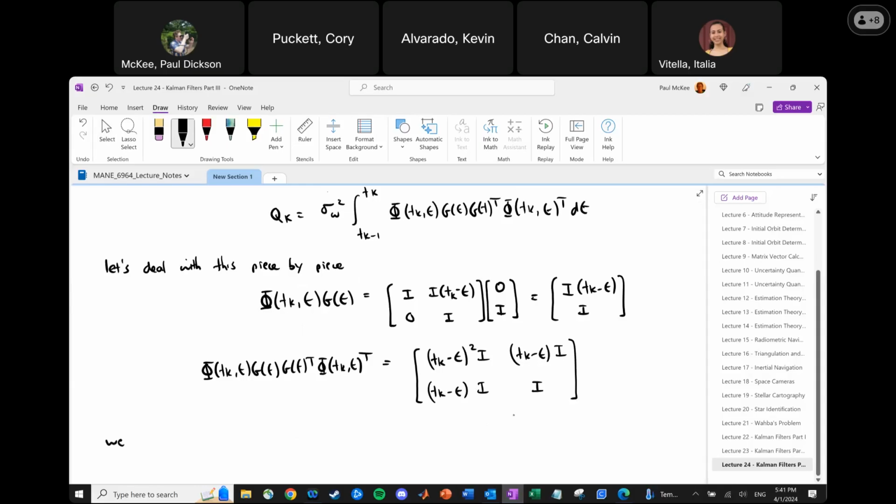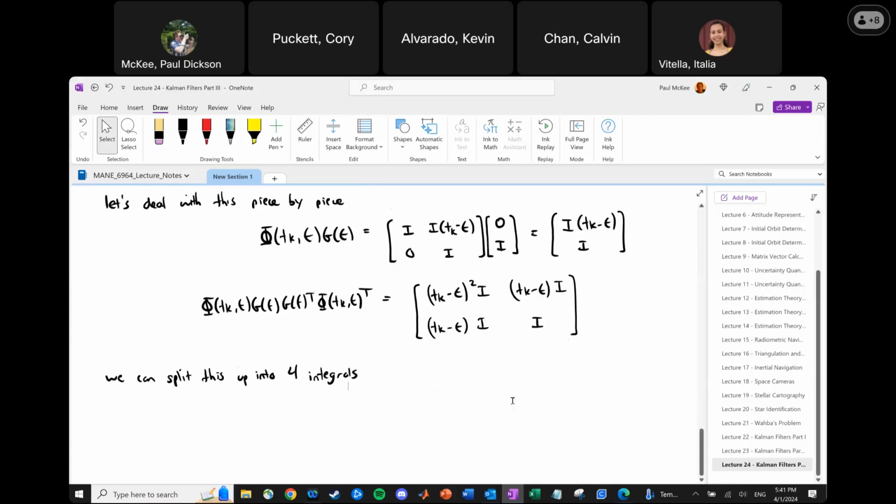So we can split this up into 4 integrals. And it's really 3 integrals if you think about it, because it's symmetric. Okay, so let's treat those individually then. What is the integral from tk minus 1 to tk of tk minus epsilon squared times the identity matrix d epsilon?